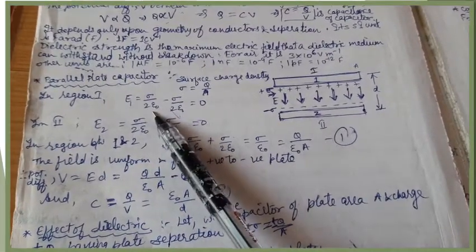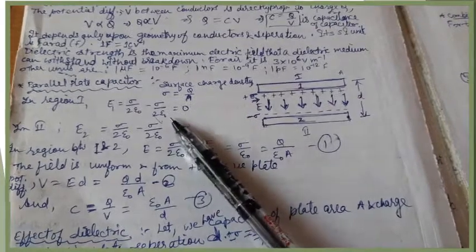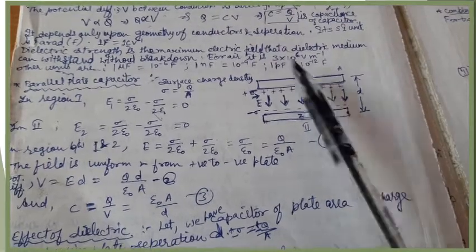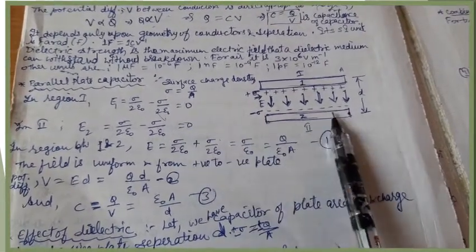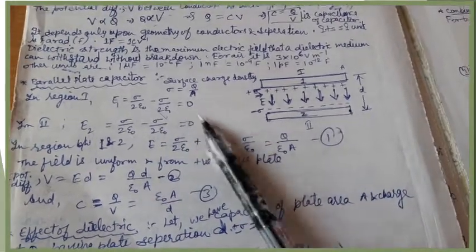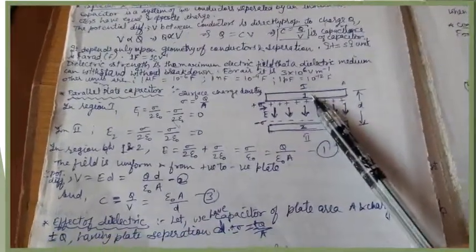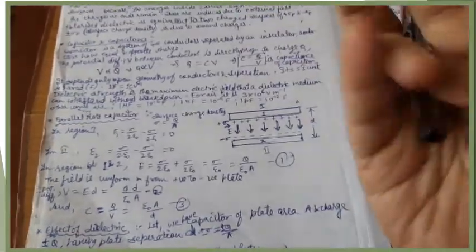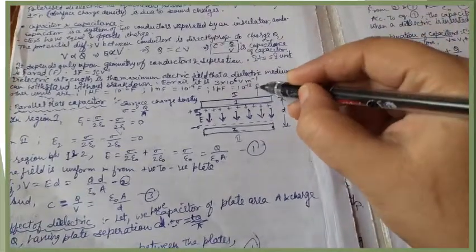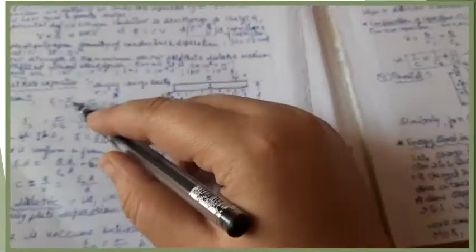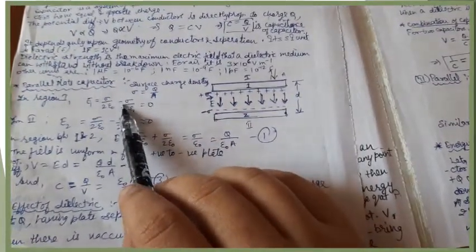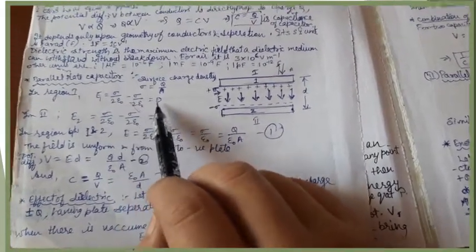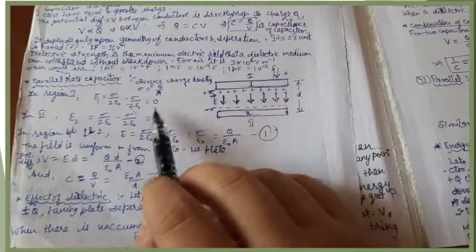The electric field due to the negatively charged plate in region first is minus sigma upon 2 epsilon naught, because the direction of the field due to the positive plate is away from the plate, while that due to the negative plate is towards the plate. Hence the negative sign in the second term; you can also write it because the surface charge density is negative. So the total electric field in region first, above plate 1, is 0.